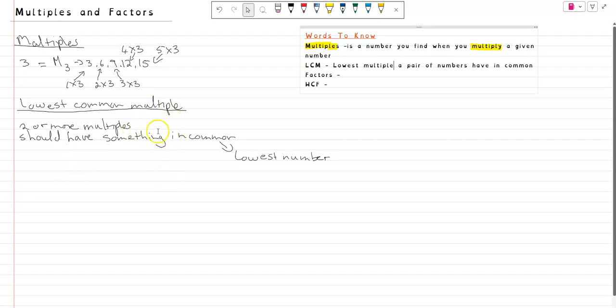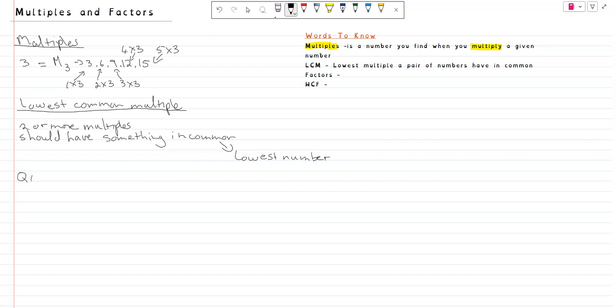Okay. So let's look at an example of the lowest common multiple. What they would normally ask you is, find the first 3 multiples of 12. So let's write that down.